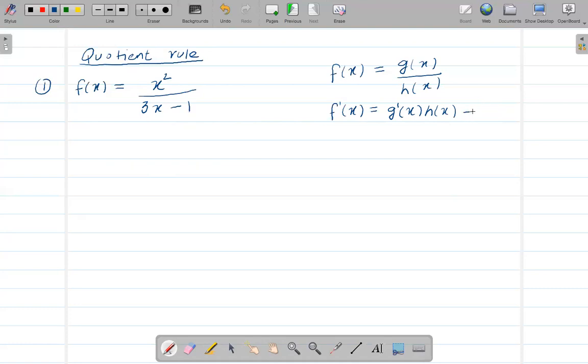After this, you'll take the derivative of the denominator, so h prime of x, and now the numerator will stay the same. All right, and divide this whole thing by the square of the denominator. Whatever is there in the denominator, just take the square of that.